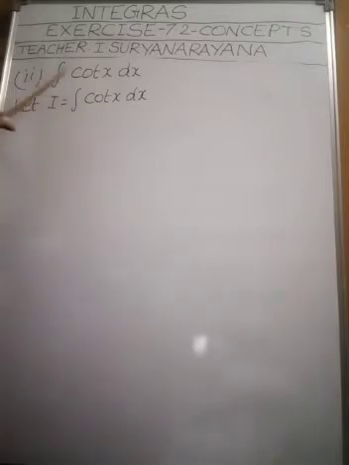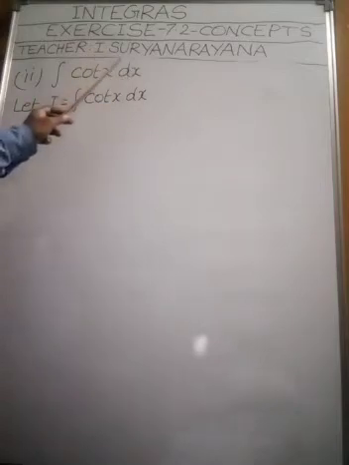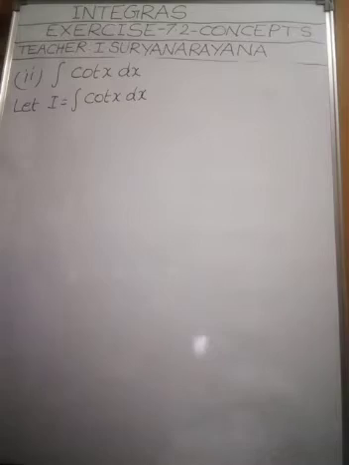Now come to this second one. Integral cot x dx. Here also we use the method of substitution, integration by substitution method. Okay, my children. Right. So first we assume that capital I is equal to integral cot x dx.